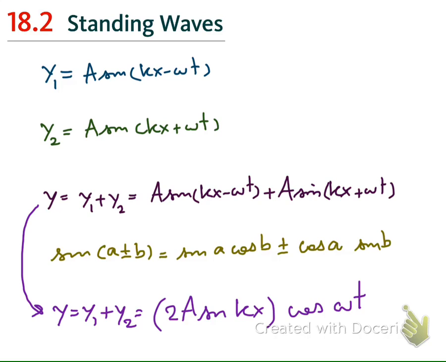It is interesting that the resulting superposition of these two waves does not have the form of a traveling wave, but it has the form of just an oscillation, simple harmonic motion, with a different amplitude that depends on the position of the oscillation. We call this form of the resulting wave a standing wave.